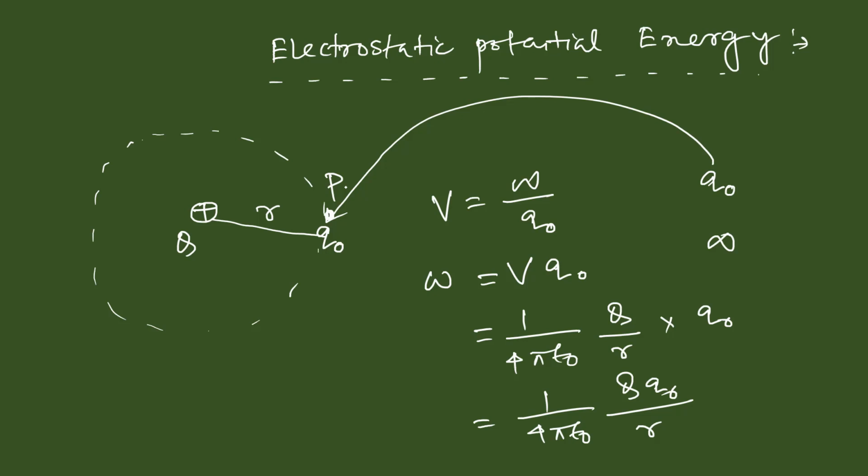Whatever potential energy the charge has is expressed by 1 by 4 pi epsilon naught Q multiplied by Q naught divided by R. The expression for work done is equal to the potential energy stored with respect to the position.